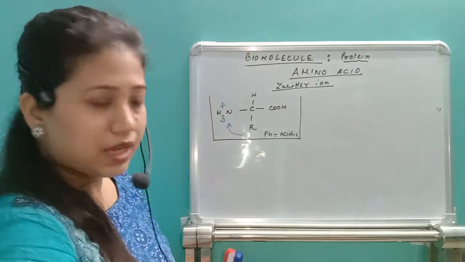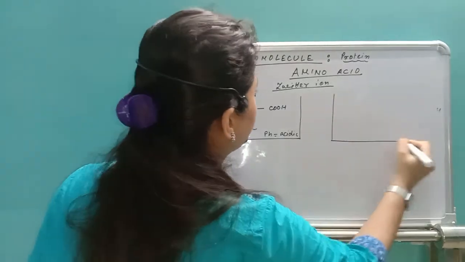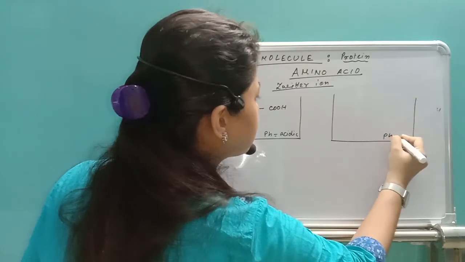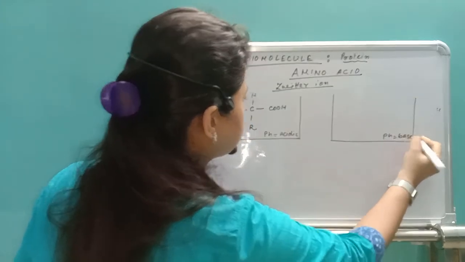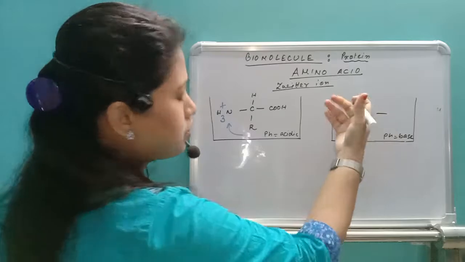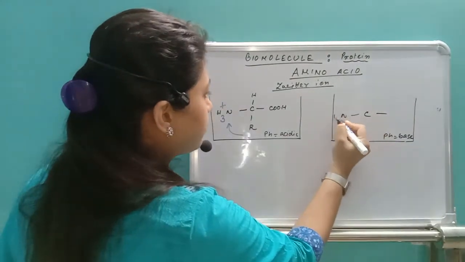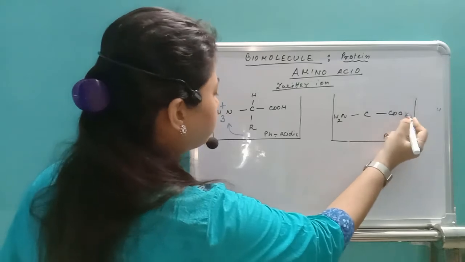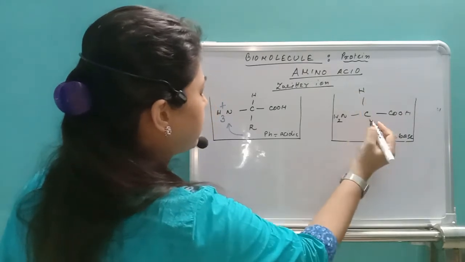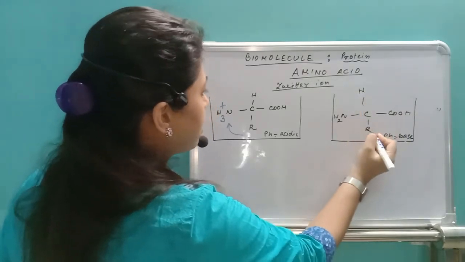Now for another pH, suppose this solution is a basic solution, then what will happen, it will take a proton, right? Here we have the amino group, here we have the carboxylic acid group, here this is hydrogen, this is the R.